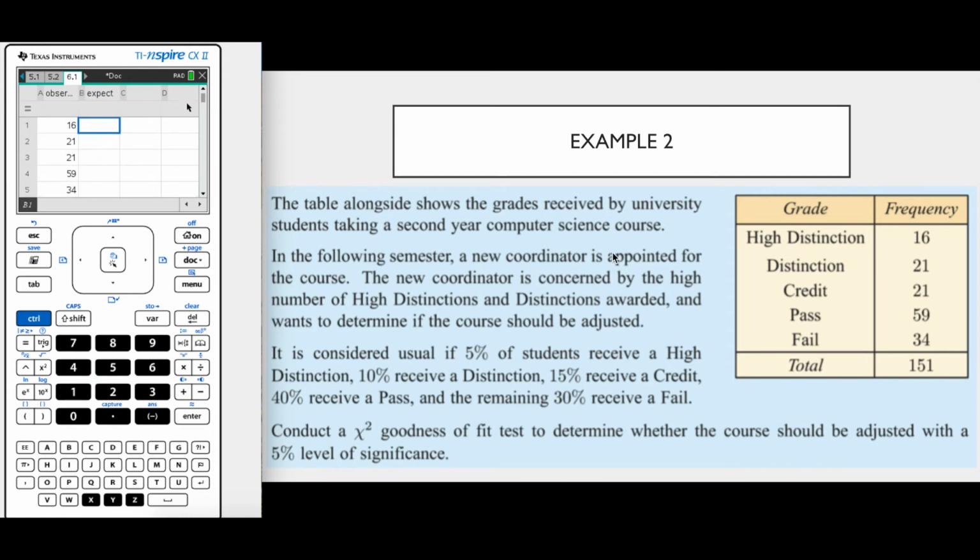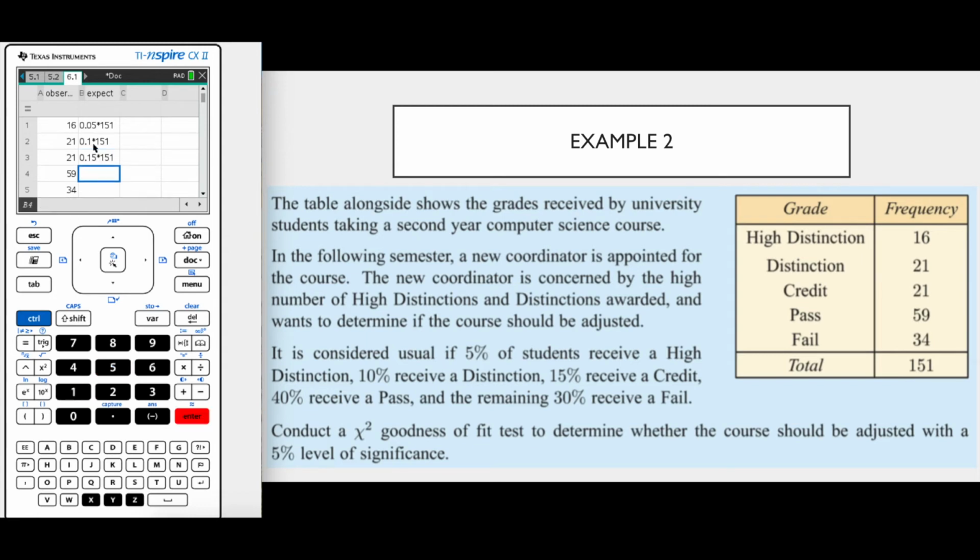Now for the expected, make sure that you're doing your calculations correctly. Our total is 150, so 5% of 150. You can simply put that into your calculator as a calculation. Then we have 10% of 150, and then the next one is 15%.